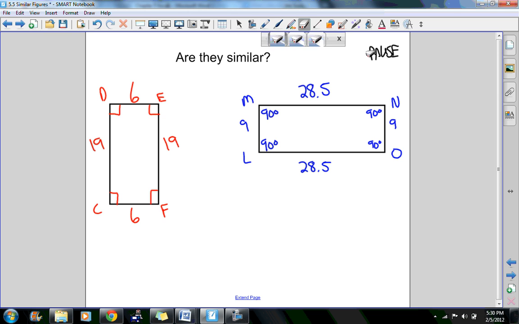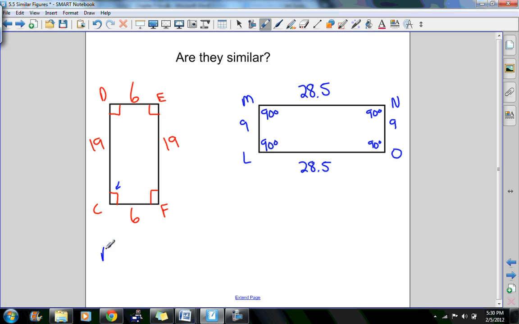Alrighty, so we're back. Now this one's interesting. If we look at all these right angles over here, they all equal 90. Therefore, we know the angles all match up. So the only thing that matters to us is the orientation, the short side and long side. So you can match it up multiple ways, but I'm just going to turn this shape around to the right like that.